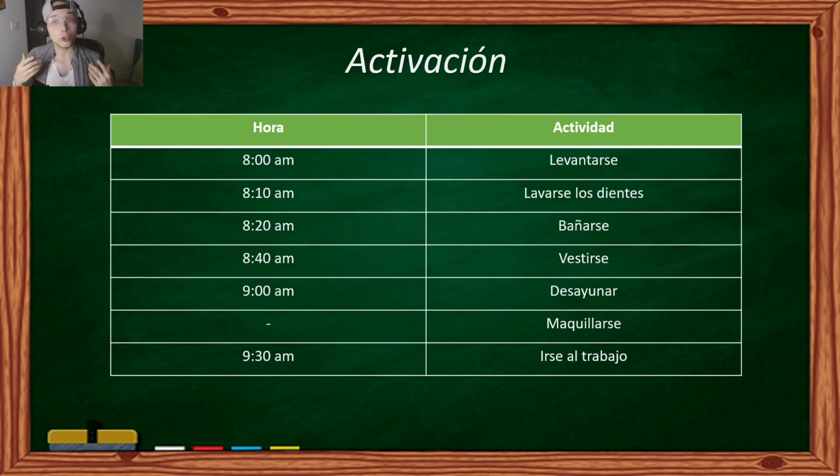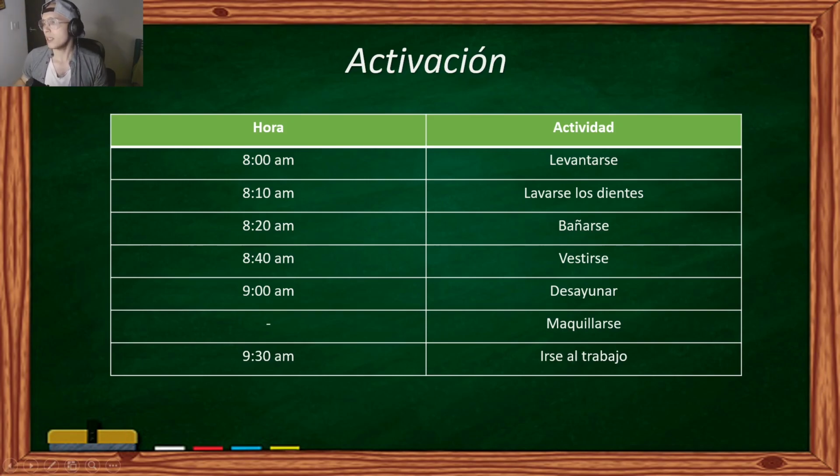A las 8:40, vestirse. Vestirse means to get dressed. A las 9, at 9, desayunar. Desayunar is to have breakfast. Then maquillarse. And a las 9:30, irse al trabajo, to go to work.